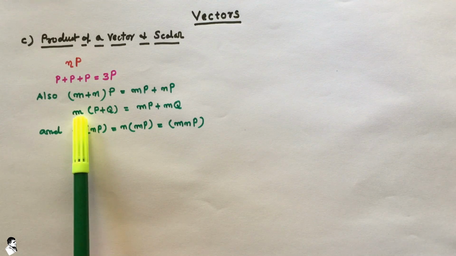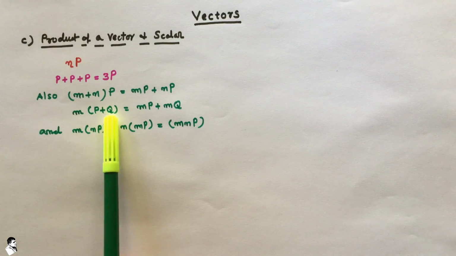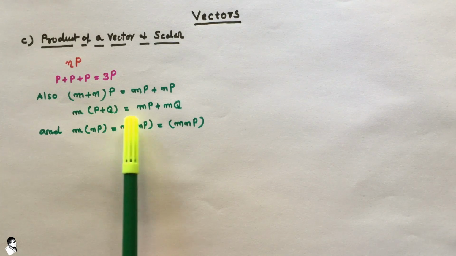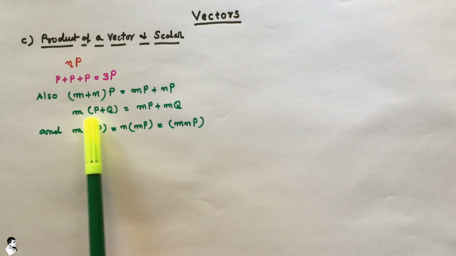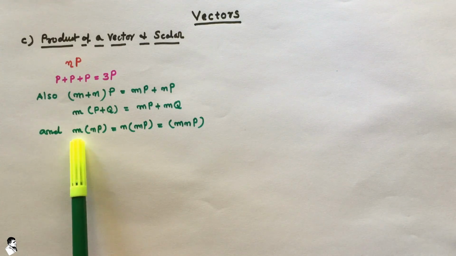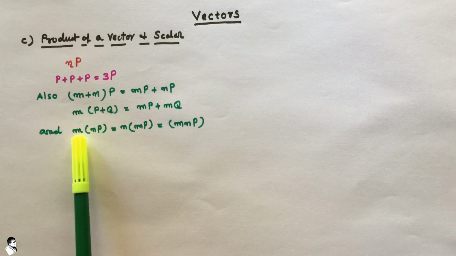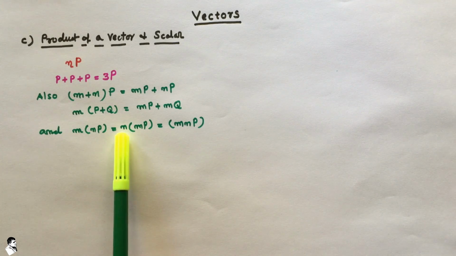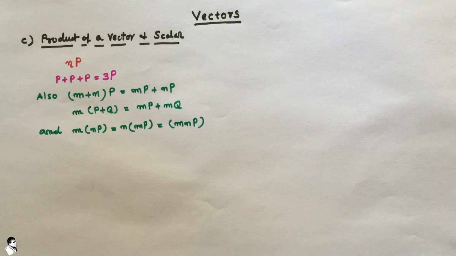Again we can write m as an integer value associated with the summation of two vectors P and Q. So with a proper integer value for each vector, mP plus mQ, and m(nP). So this is a vector P with some integer value and again another integer value. So you can write it like this or like this.